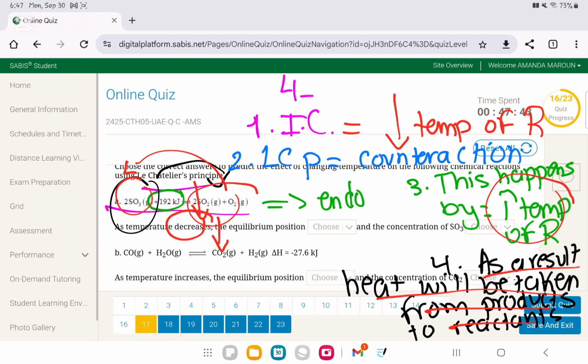And we said anytime we have an increase as a counteraction, or if the products will give to the reactants, then the equilibrium position is backward.